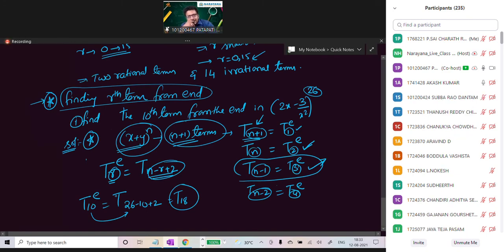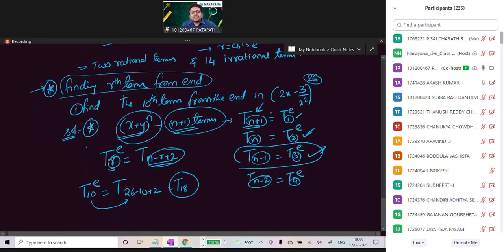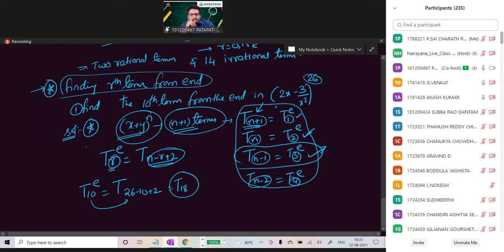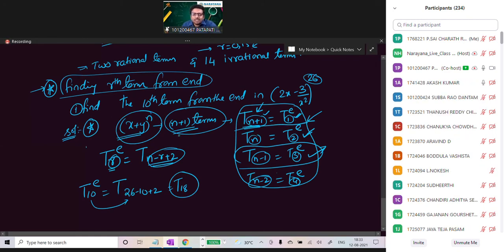Is it okay? See, you don't need to remember this. Can you write this pattern by yourself when a question like this is asked? You can clearly observe the sum of these two should be n plus 2. So how difficult is it? It's easy, no? T18 is T17 plus 1, right?